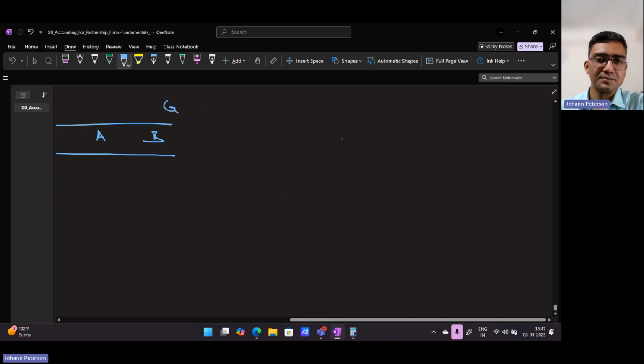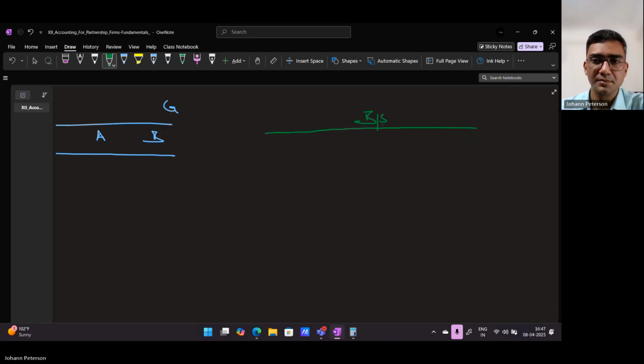In class 11, if we made a balance sheet, we had written capital here. And on this side were all our assets. So when we wrote capital, basically it was the calculation of capital. And how did we calculate capital? We wrote our opening capital.